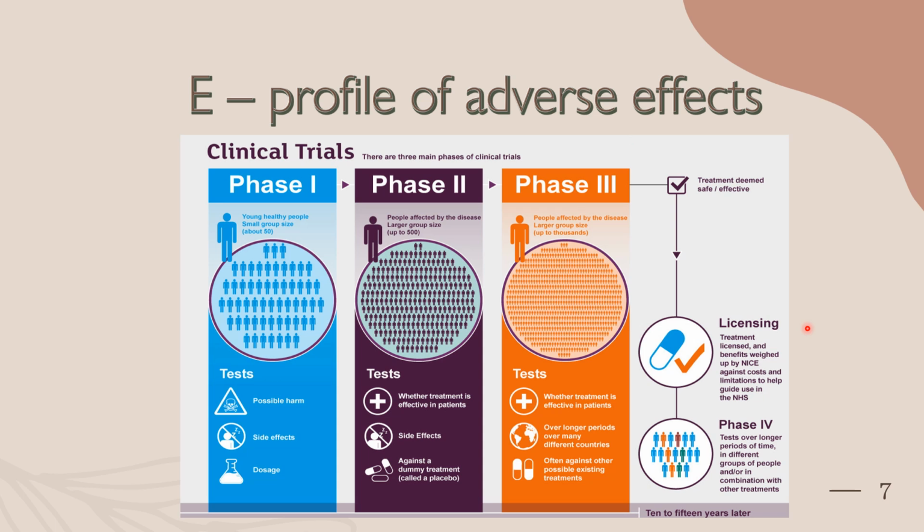Then happens a phase 4 trial where you are identifying the profile of adverse effects on a large scale. Okay, so here in the question it was a large scale post-marketing surveillance. So that is a phase 4 trial, where it is used to identify the profile of adverse effects of the drug.